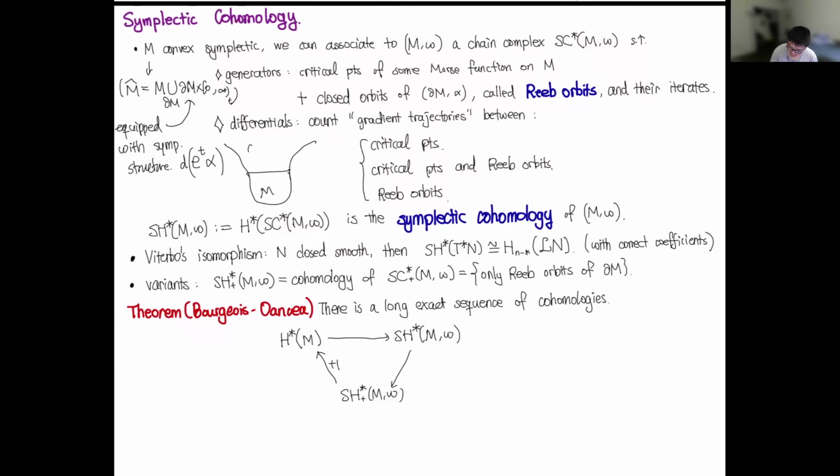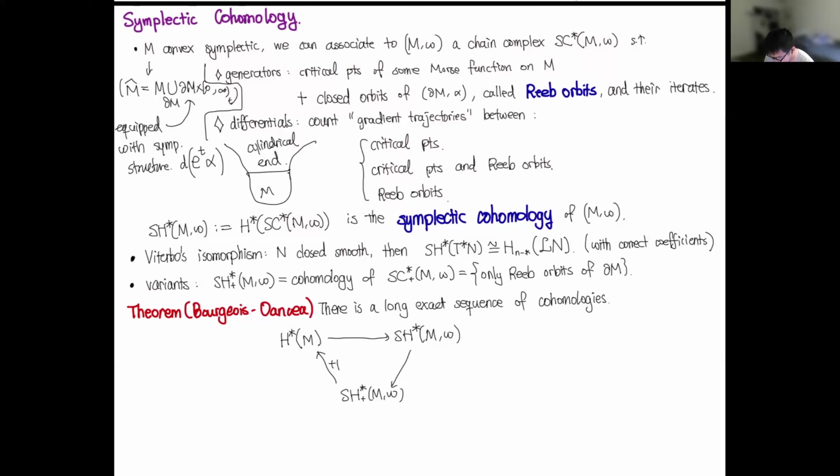So this is the cylindrical end. And this description of the symplectic cohomology is an oversimplified version where I try not to introduce any of the analysis.